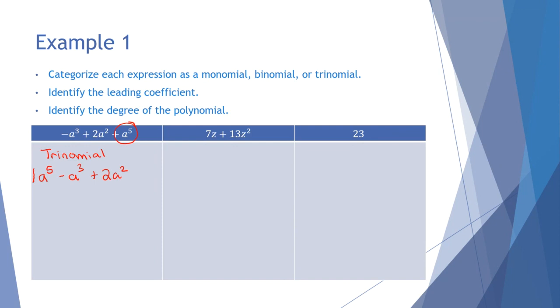So the leading coefficient is 1. And then the degree of the polynomial. So these are all one variable polynomials, so it's just simply the highest exponent. So the highest exponent here is 5, so this is degree 5.